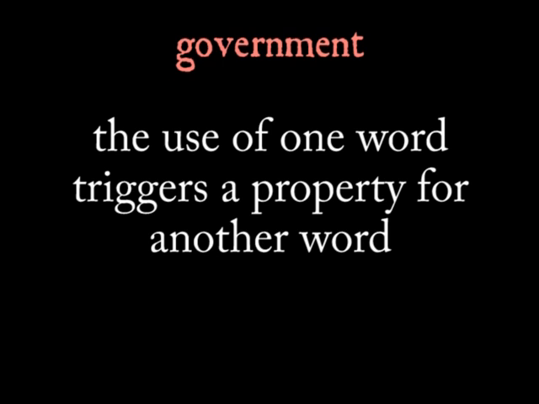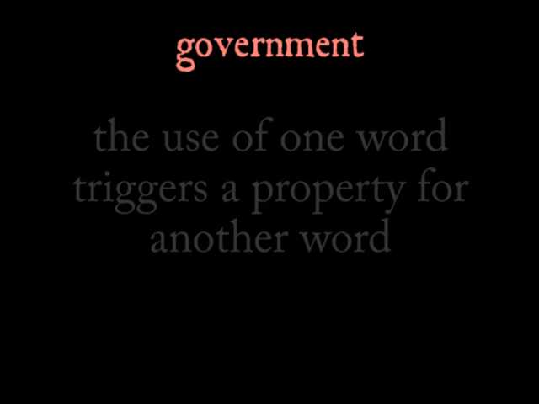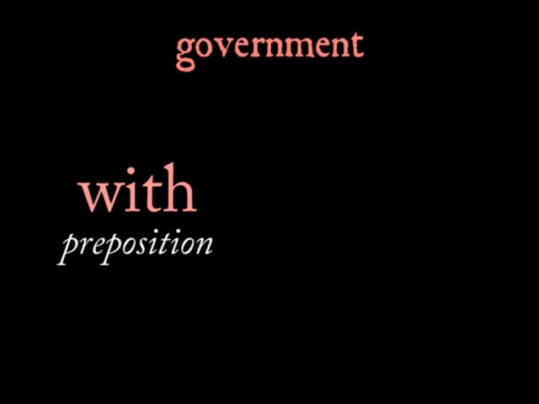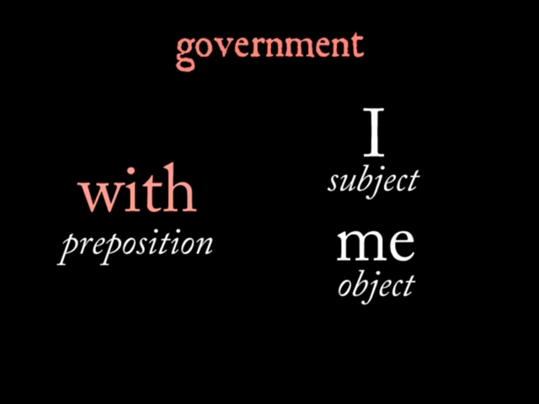The traditional account of government has us look at the word that is governing. In other words, we look for a word that forces another word to comply with a certain property. That's another awkward definition, but let's move on to some examples. In English, we have prepositions. If they take a pronoun, in other words, if they govern a pronoun like me, we expect that the preposition is followed by an object pronoun rather than a subject pronoun.